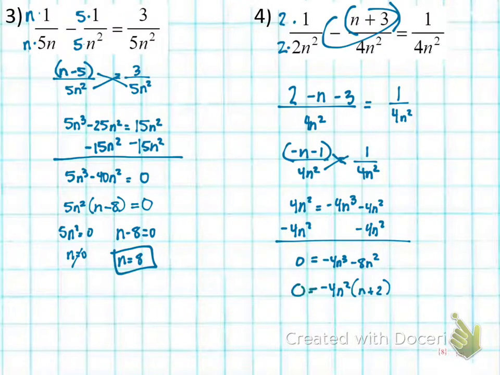It's all equal to 0. Then we know negative 4n squared is equal to 0, and n plus 2 is equal to 0. Subtract 2 on both sides. We got n is equal to negative 2. Over here, we have n is equal to 0. From the beginning, though, we know that n cannot equal 0. Remember, we said that's an excluded value, so this would be an extraneous solution here. Just cross that one out. So the answer is n is equal to negative 2.